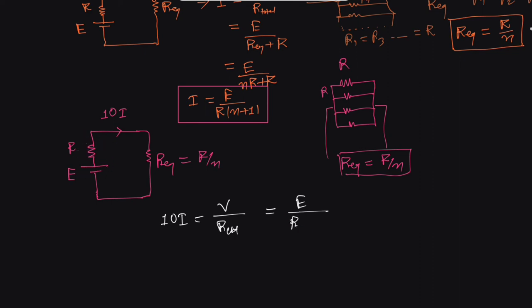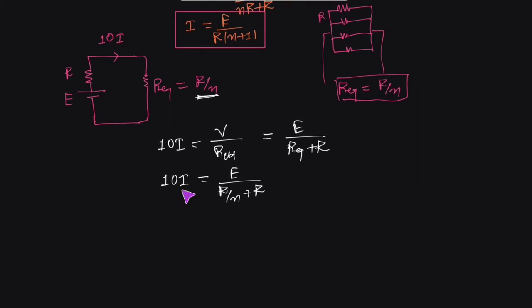It means R equivalent in parallel plus the internal resistance of the battery. So from here, 10I would be E upon R equivalent, which is R by n because the resistors are connected in parallel, R upon n plus R.